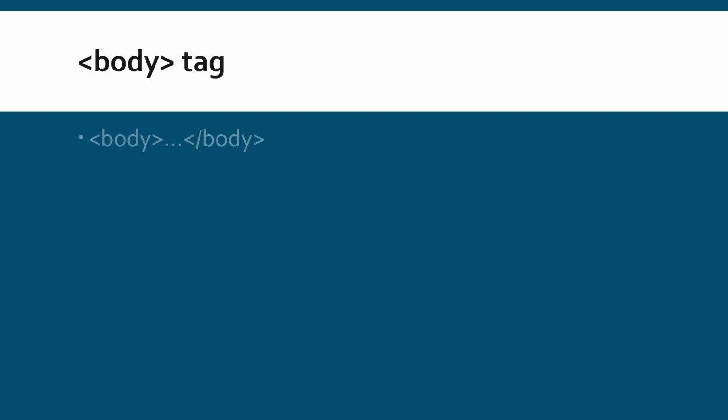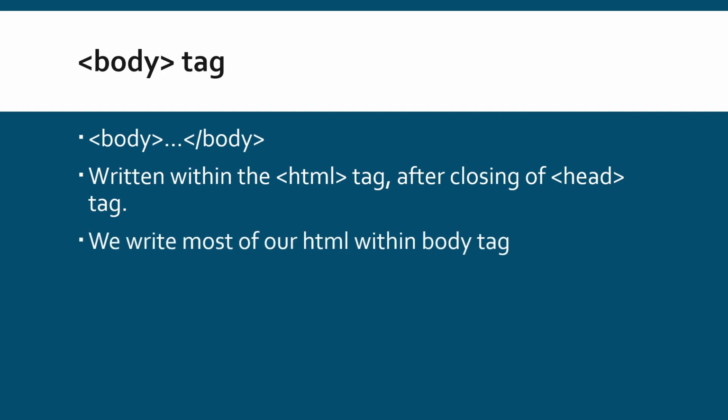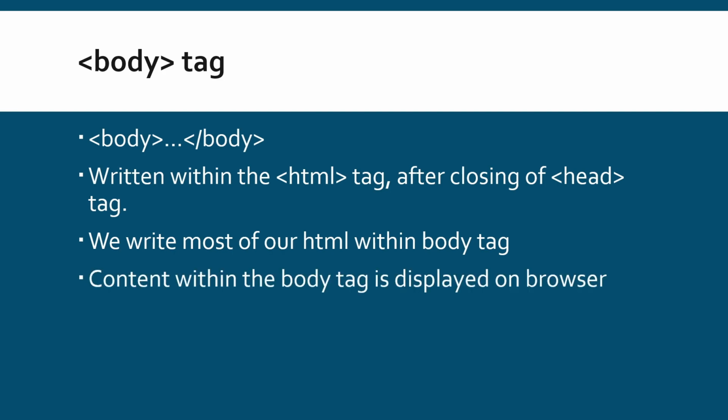Next, we have the body tag. Again, it's written in a pair, body opening and body closing. It's written within the HTML tag after the closing of the head tag. This is where we include most of our HTML tags or elements, and the content inside the body tag is displayed in the browser.